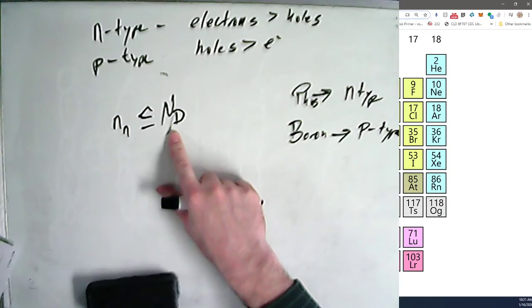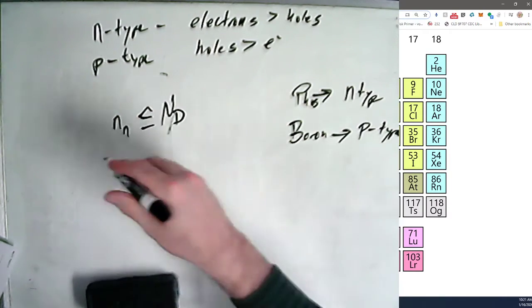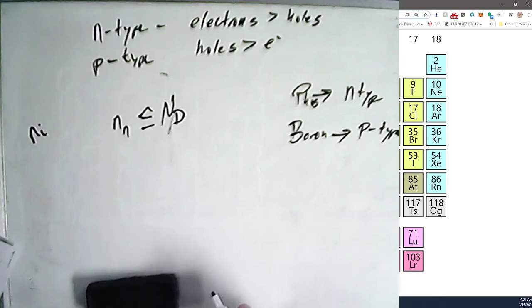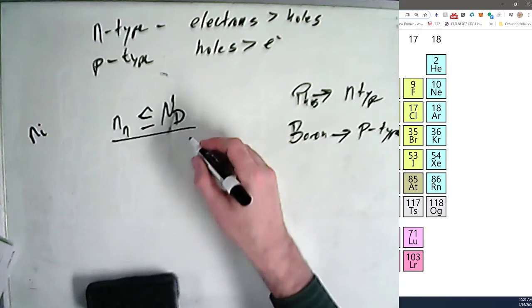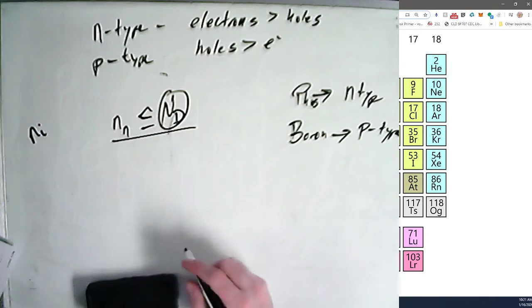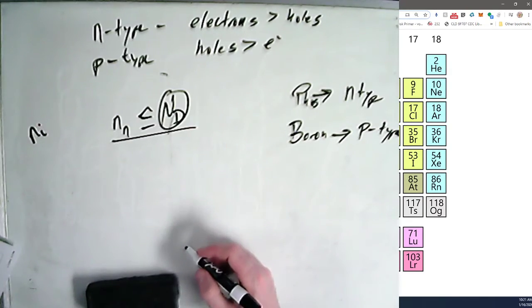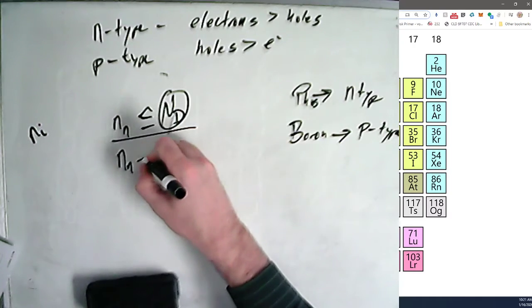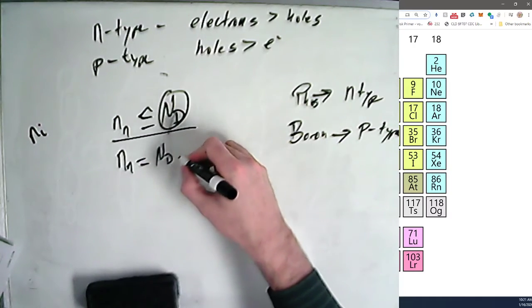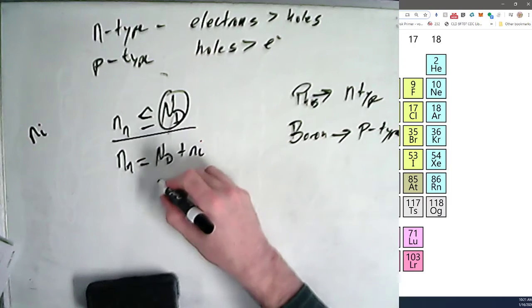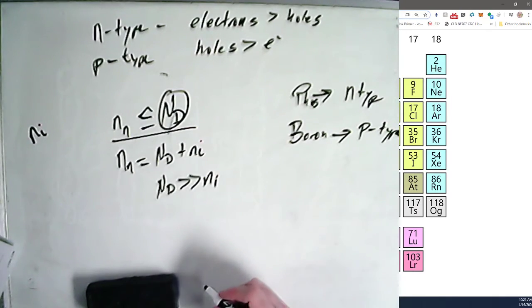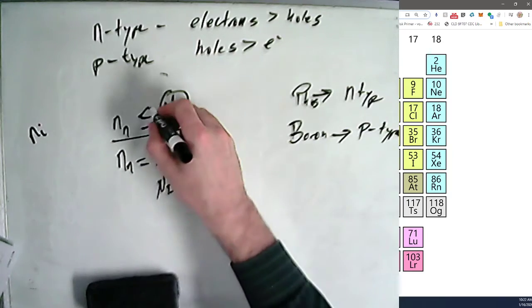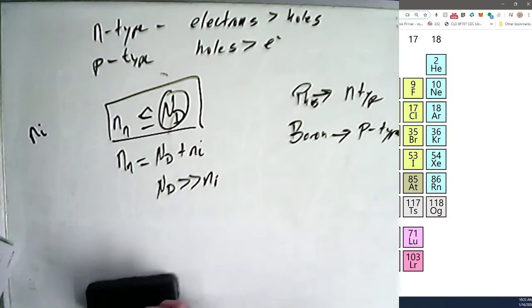It's not exact, because we still have those free intrinsic electrons from Ni floating around out there, but typically Nd is much, much bigger than Ni. So N is actually going to equal Nd plus Ni, but Nd is much, much bigger than Ni. And so we can make the approximation that these are approximately equal.